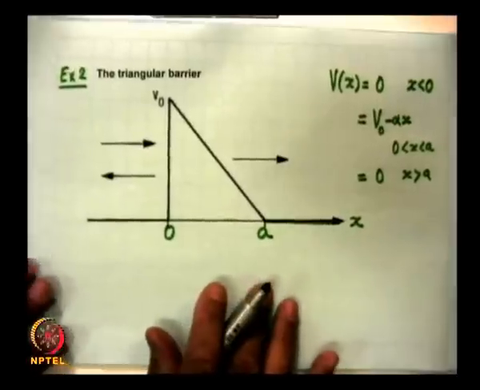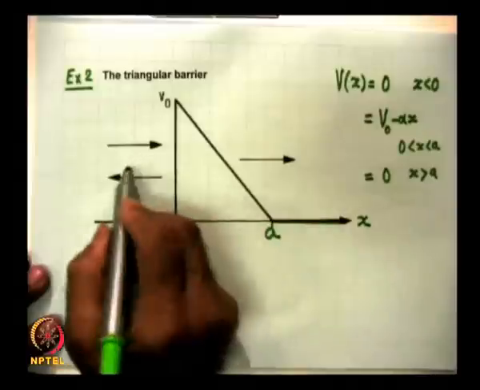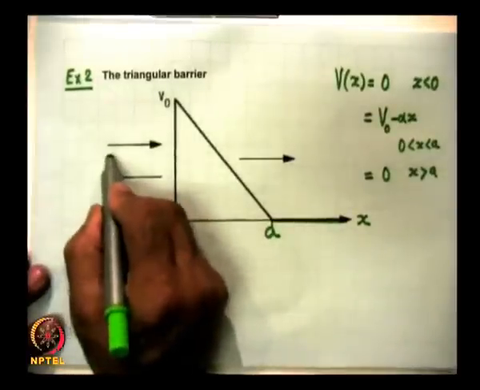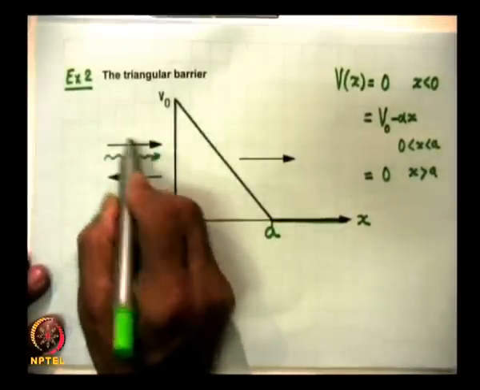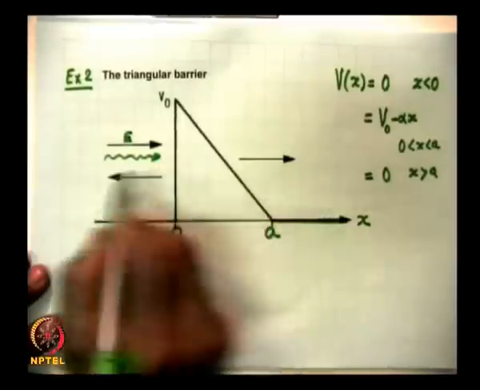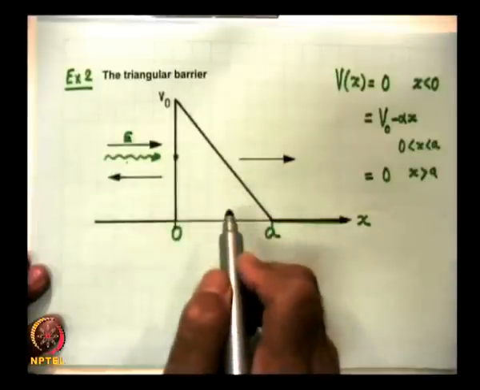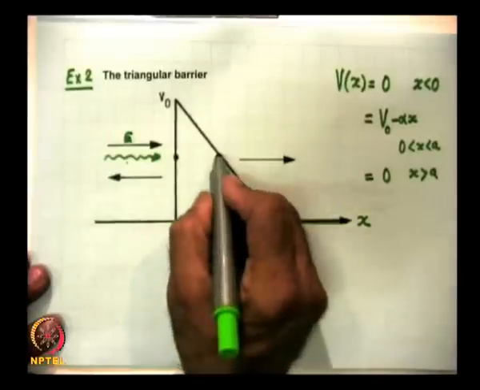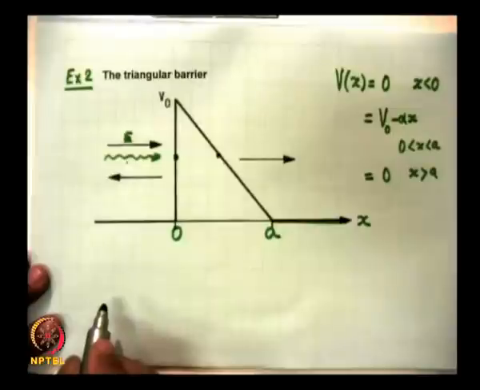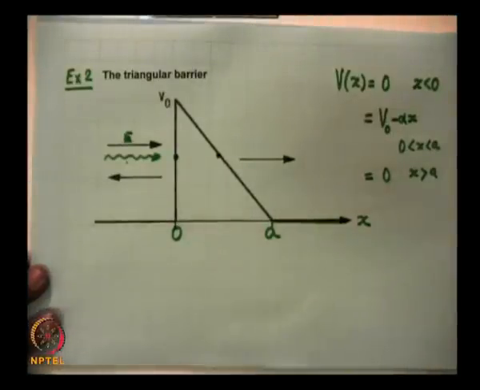What we will next consider, in the next lecture, is a particle incident with a certain energy E, and for the given energy we will calculate the first turning point, which will be at 0, and the second turning point, which will be here, and we will calculate the JWKB tunneling probability.